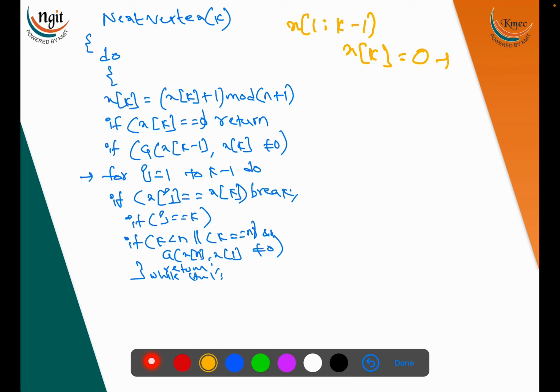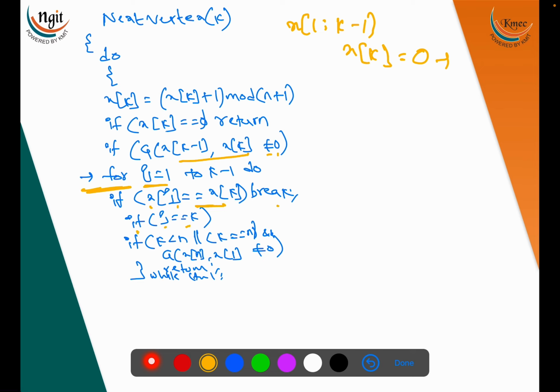After execution, x of k is assigned the next highest numbered vertex, and that is the very reason we are taking this for loop. Initially it is 0. When it is 0, we return. If it is not, we start with j equal to 1. Now, if x of j is equal to x of k, then break.